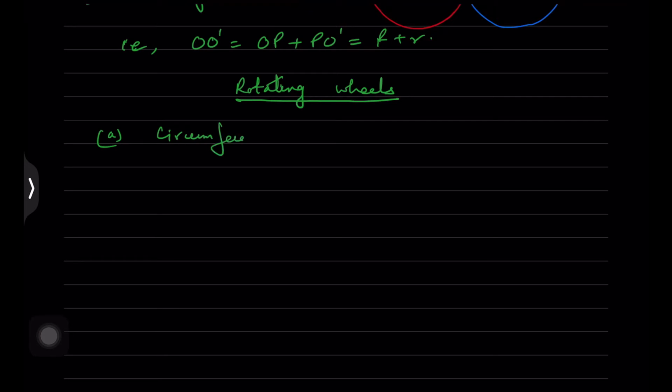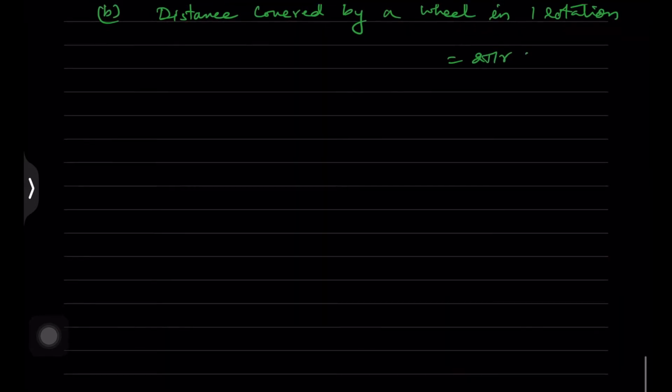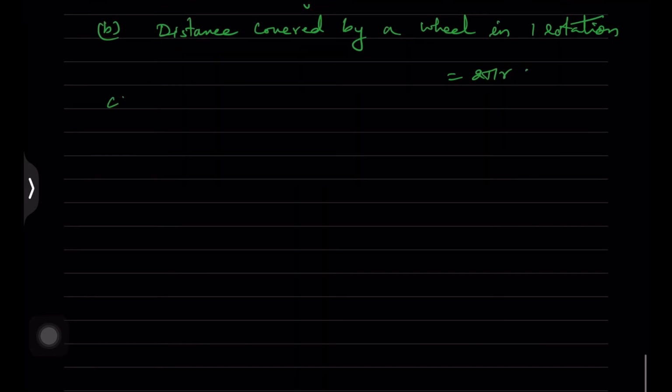The circumference of each wheel is equal to 2 pi r units. Then the distance covered by a wheel in one rotation is equal to 2 pi r. It's nothing but the circumference of the circle.